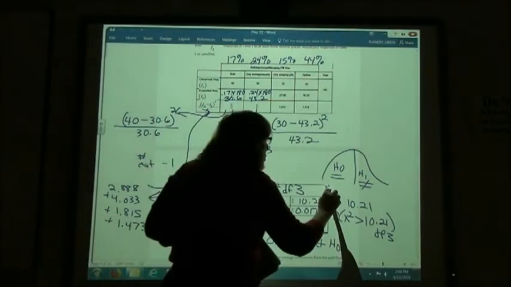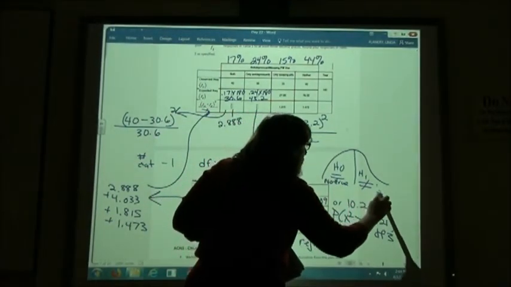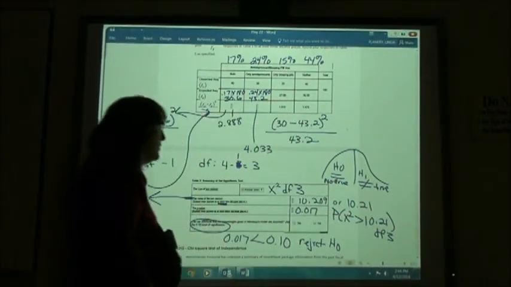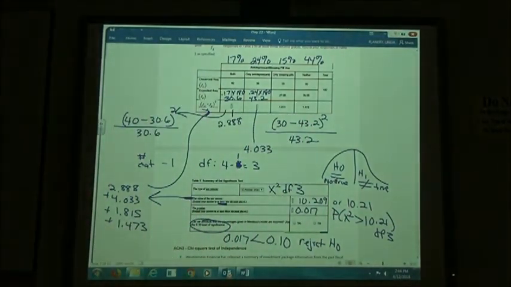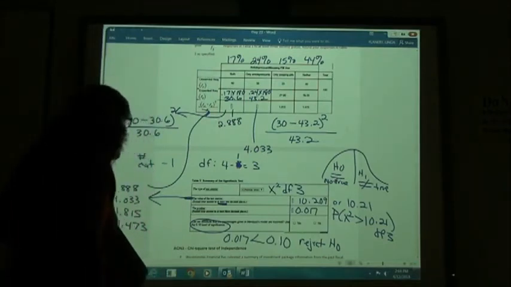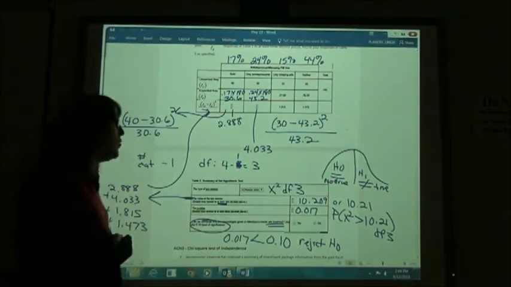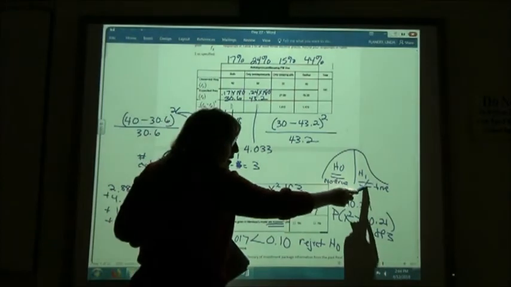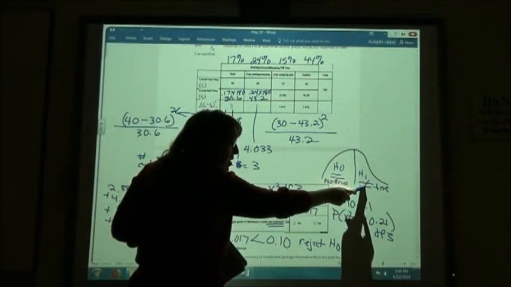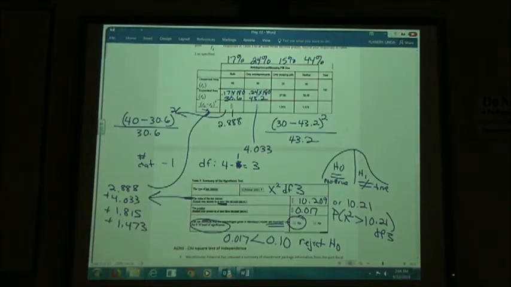This is not true, which means this one is the true statement. Rejecting the null, we're rejecting that it is equal. That means it's not equal. Can we conclude that the percentages given in the model are incorrect? Can we say they're incorrect? Yes, we can, because they are not equal. That is my true statement.